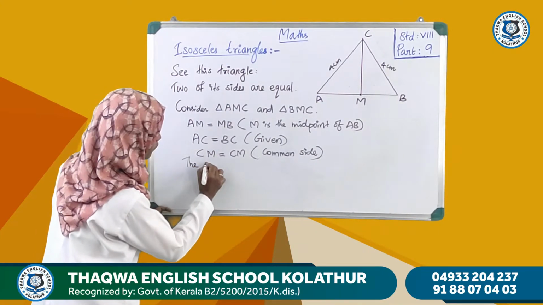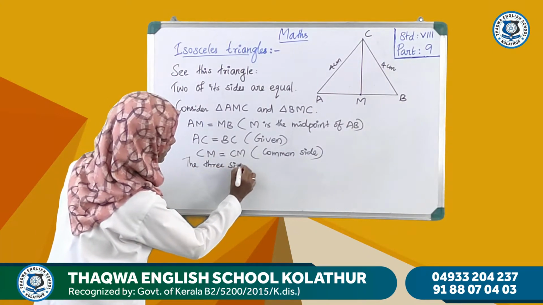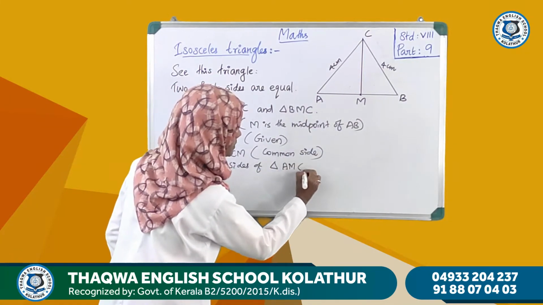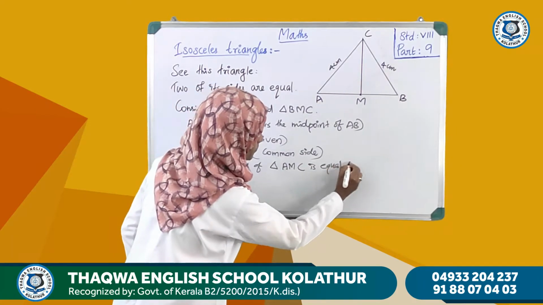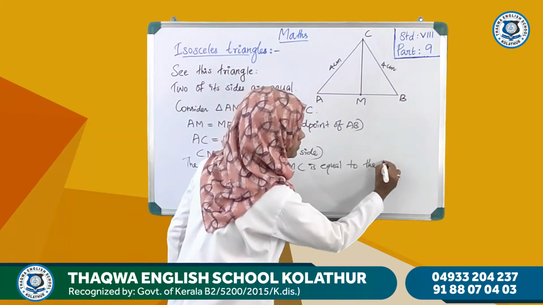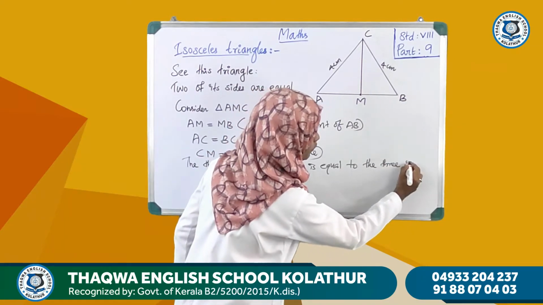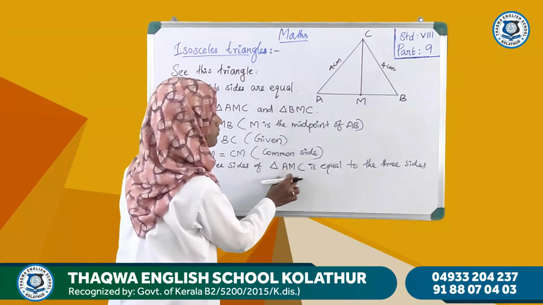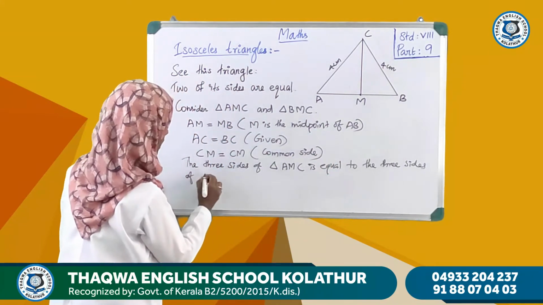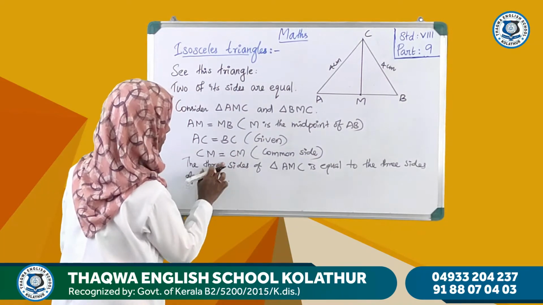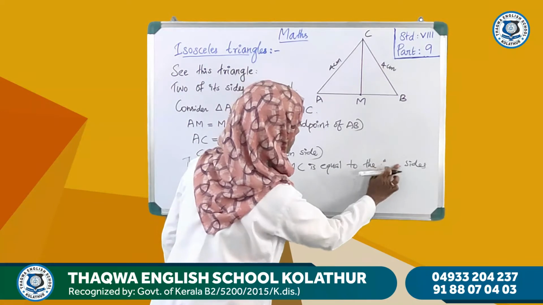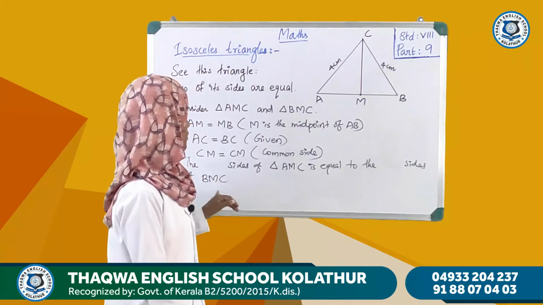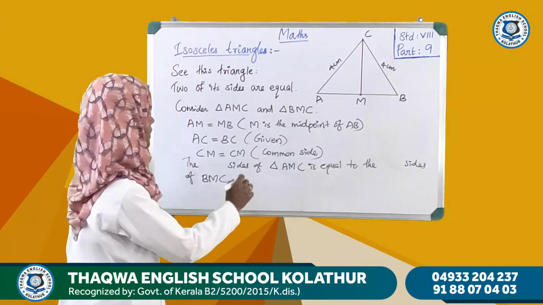The three sides of triangle AMC are equal to the sides of triangle BMC.